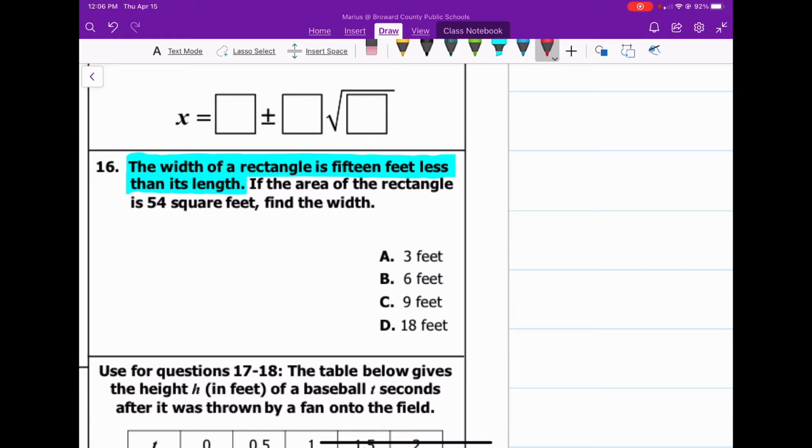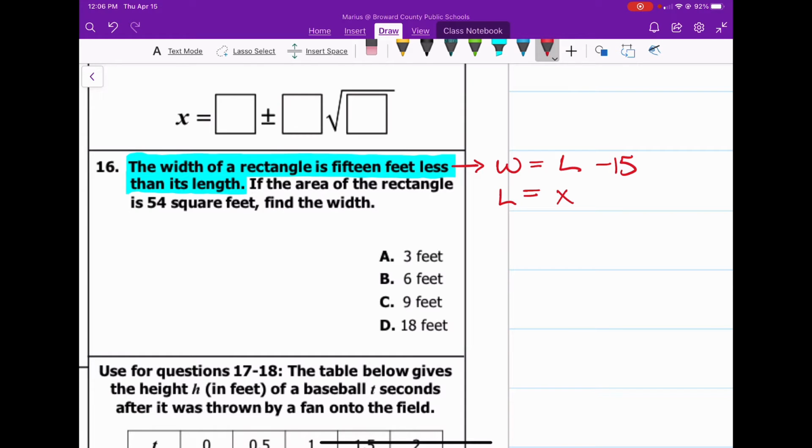So when we translate that, the width equals 15 feet less than its length. Let me use L for length. It doesn't tell us what the length is, so we're gonna use X to represent the length. We don't know how much the length is, and in math, whenever we don't know the value of a particular term or item, we use X to represent it.